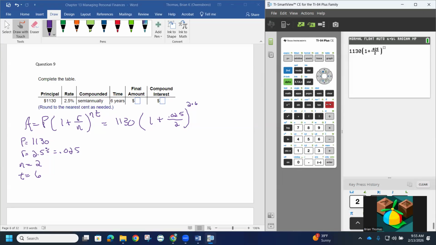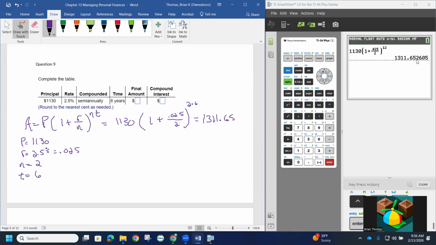So this up arrow, and 2 times 6 is 12. So that gives me that the final amount is going to be, and we have to round it to the nearest penny, so that's 2 decimal places. So I'm getting $1,311 and looks like 65 cents because that 2 would say keep the 5, not round up to a 6. So that's my final amount.